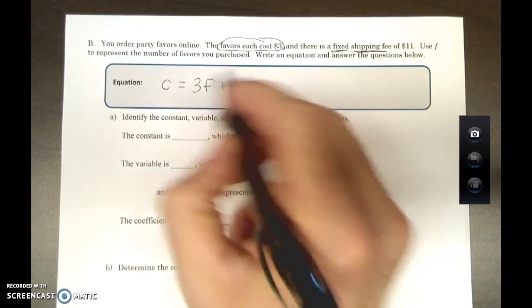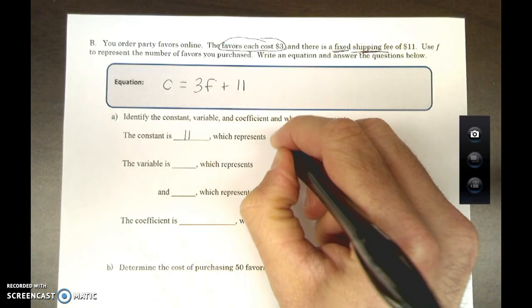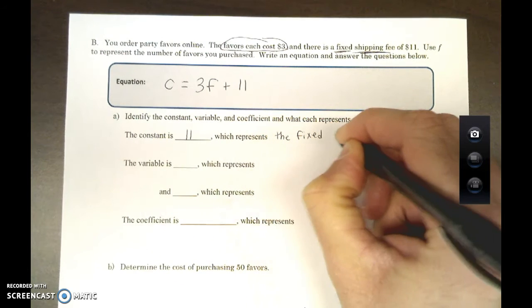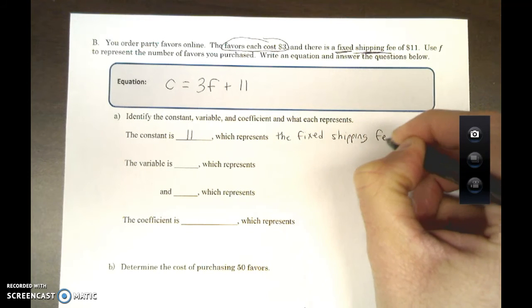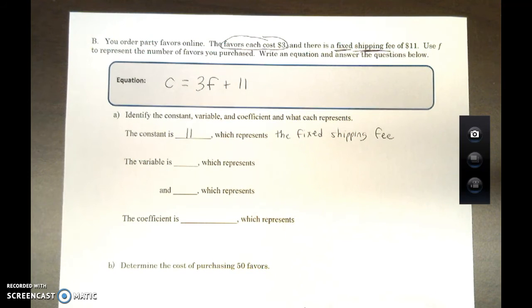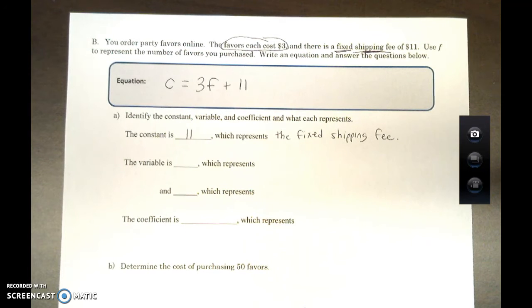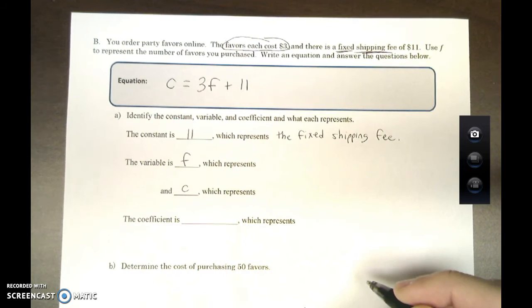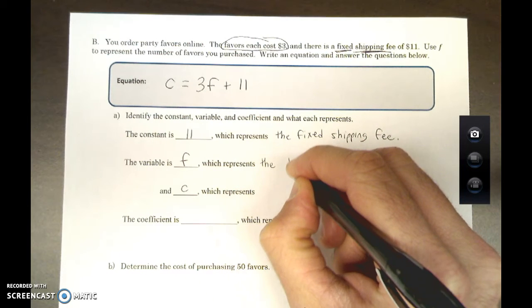So the constant in this problem is the 11, and that represents the fixed shipping fee that you have to pay regardless to ship your items. The variables are F and C. F represents the number of favors purchased.